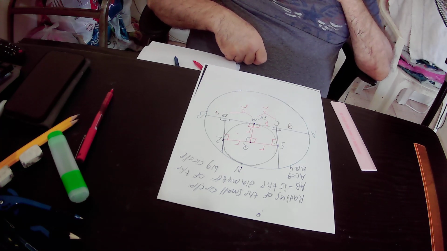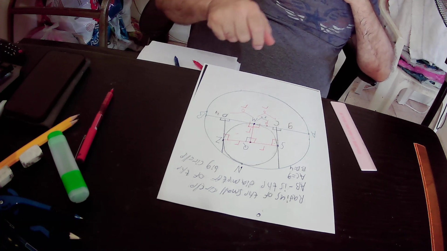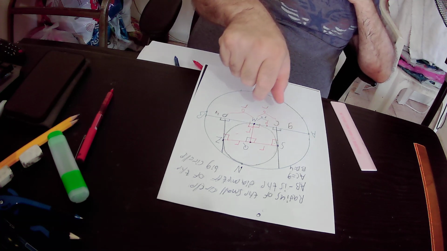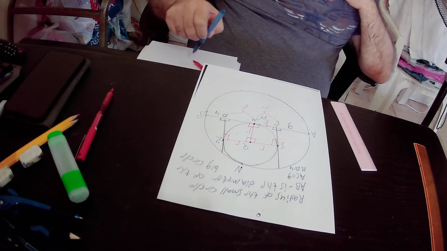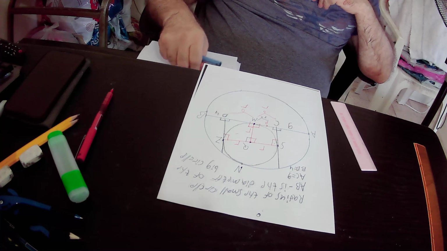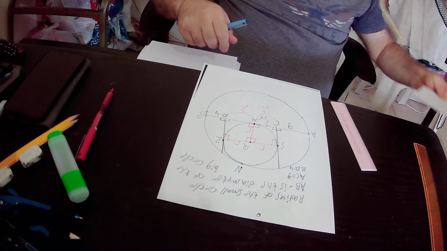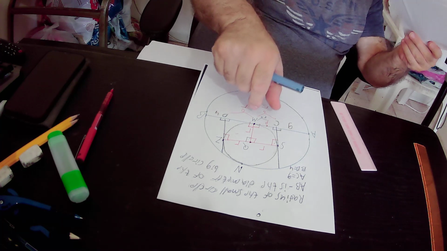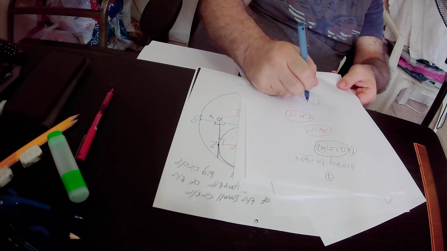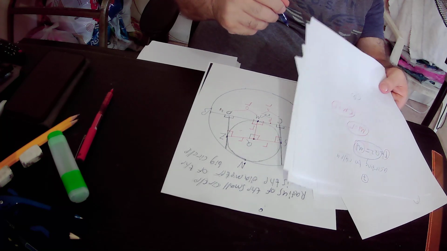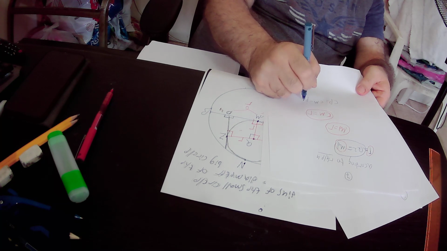So the value of CP will be CM minus PM. I write it down. CP equals CM minus PM.